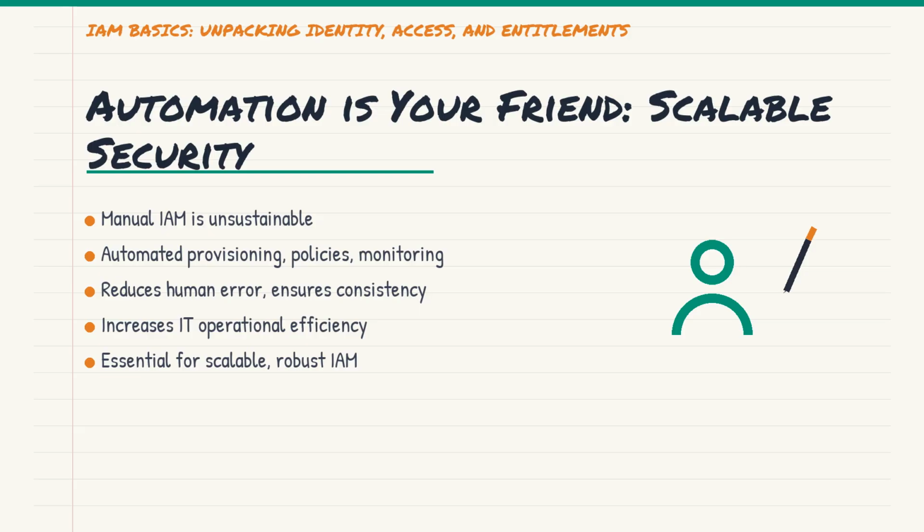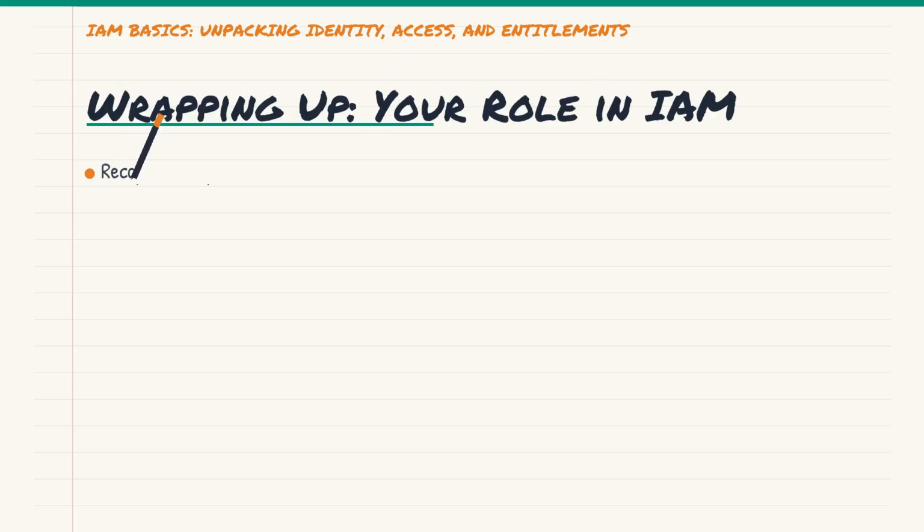This not only makes security stronger by reducing human error and ensuring consistency but also makes IT operations far more efficient. Automation is the only way to achieve truly scalable and robust IAM in today's complex digital landscape. Embrace the robots.